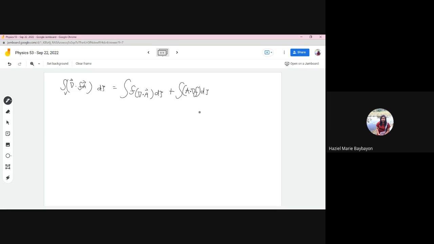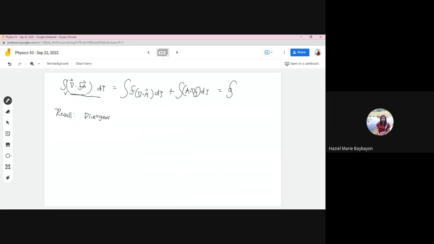Okay, now according to the fundamental theorem for divergence, no? So this is divergence. So kung naa kay volume integral sa divergence, this is just equal to the surface integral of v. So recall the divergence theorem.